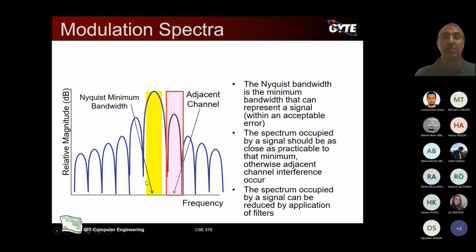So you shouldn't overlap the neighbor channel, such as this purple or pink one, which we call adjacent channel. So you have to filter so that your side lobes do not affect the neighbor or the adjacent channel.